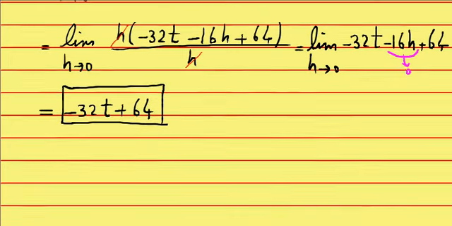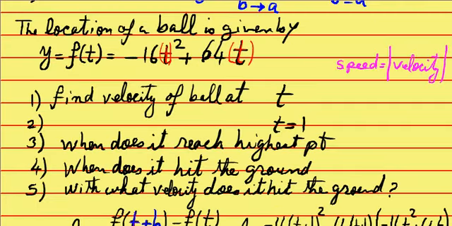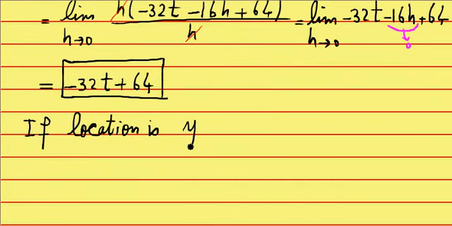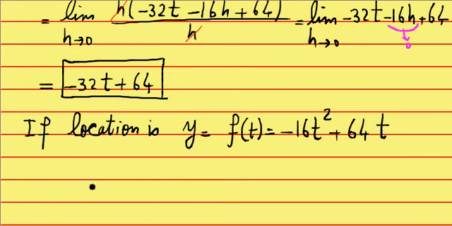Let's rephrase. If location is, how did we write it? This is our location. Location is y equal to f of t equal to minus 16t squared plus 64t.